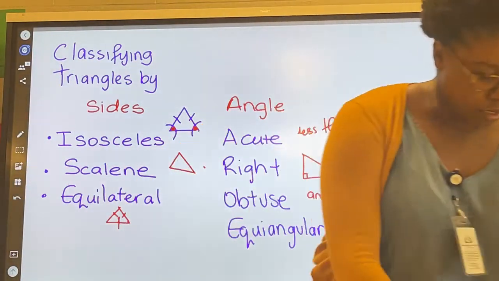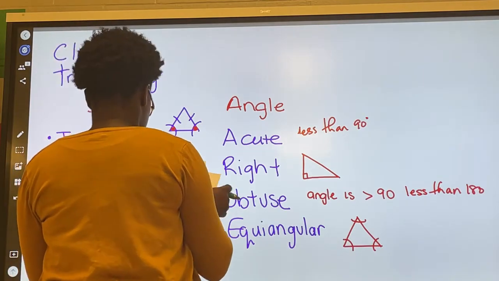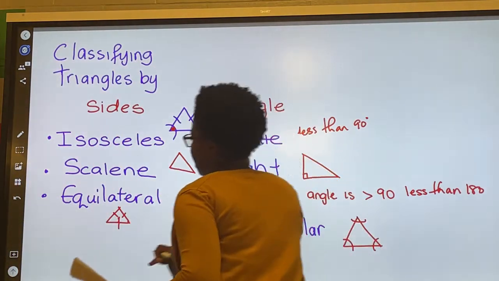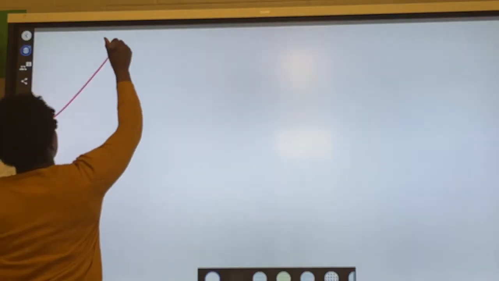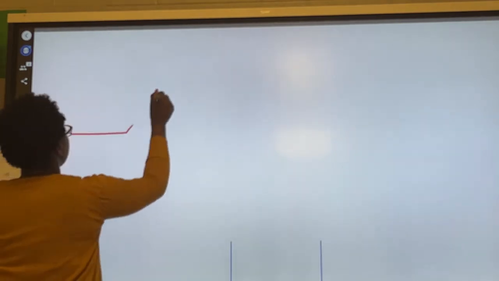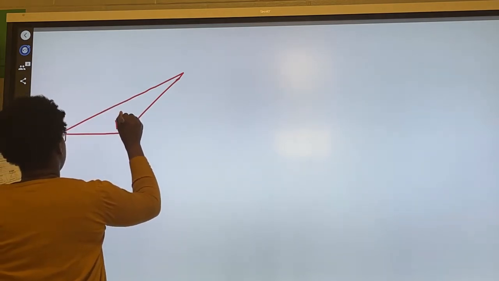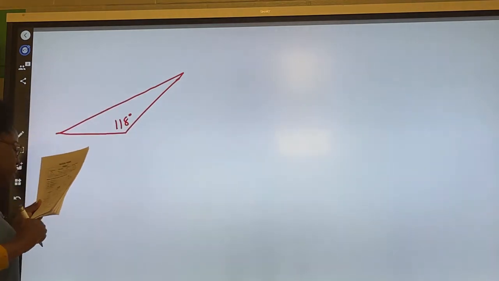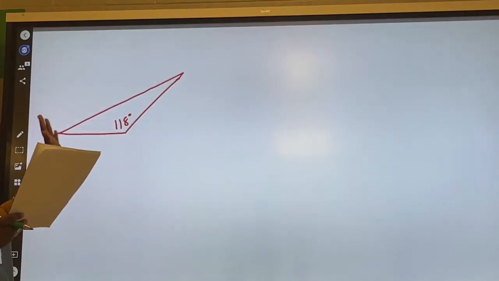If you're given a question, let's add a page. Like this one, and here is 118 degrees, and you're asked to describe this triangle based on its angle and its sides.